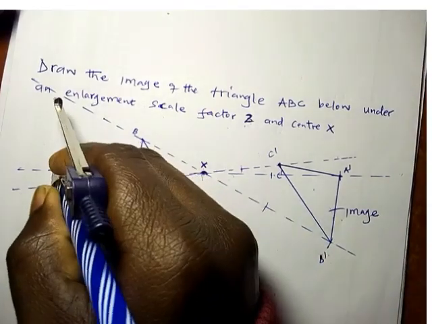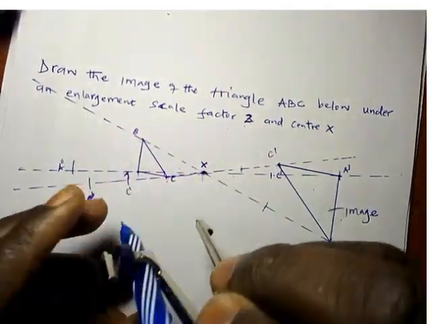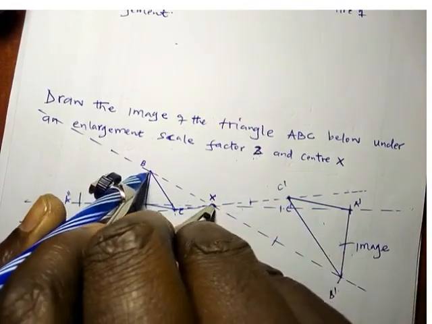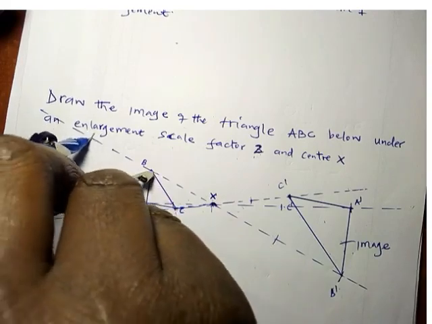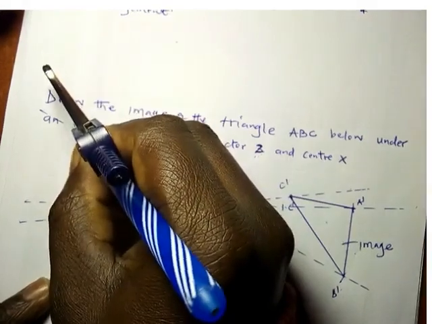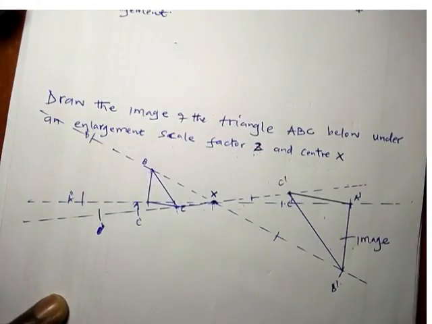That's fine. A prime, and then B prime should be from here once, and then 2. So we have B prime.